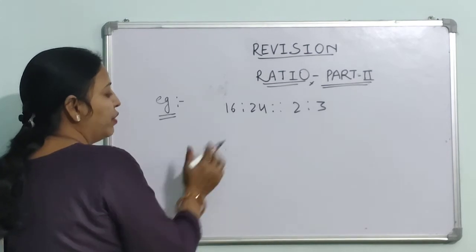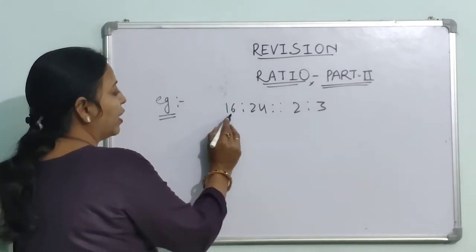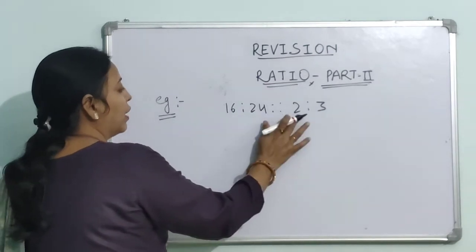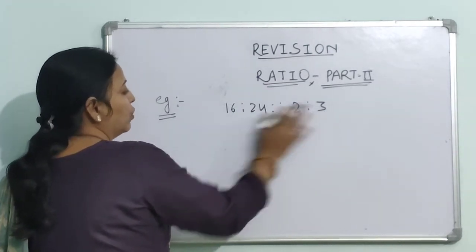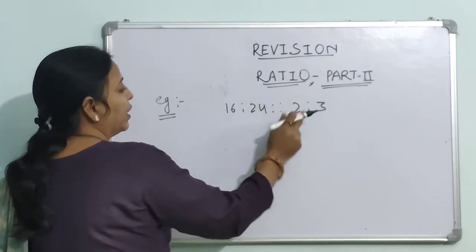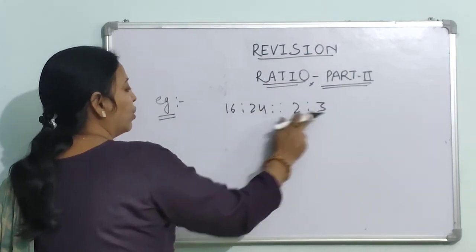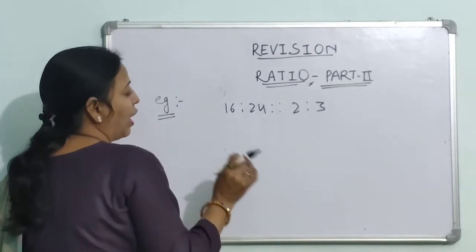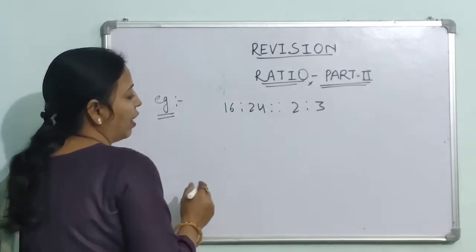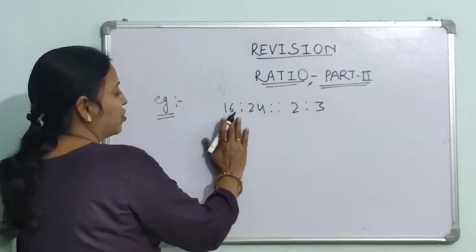As given in the definition, you will take the ratio of the first and second quantity and the ratio of the third and fourth. And if both ratios are equal, then we can say that these four quantities are in proportion. So let us check that.